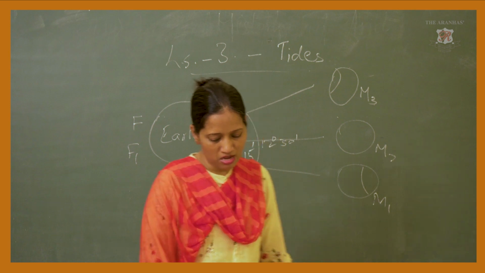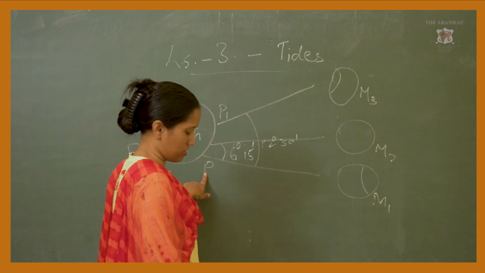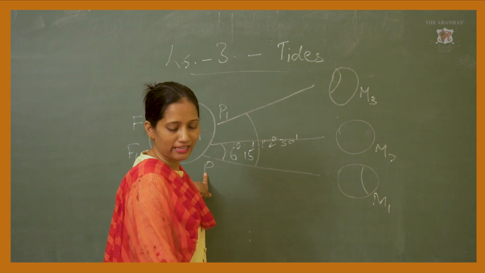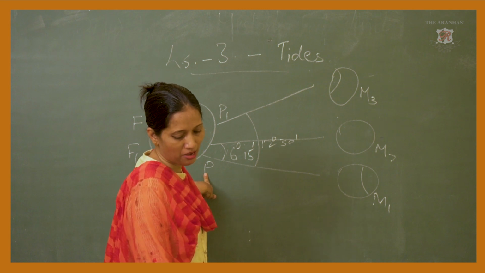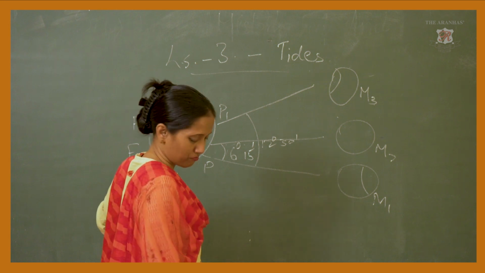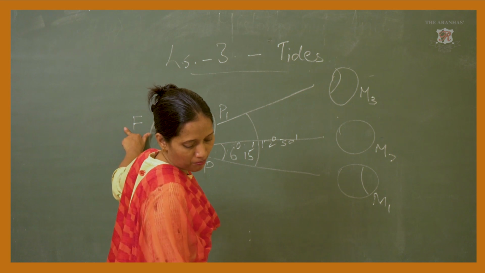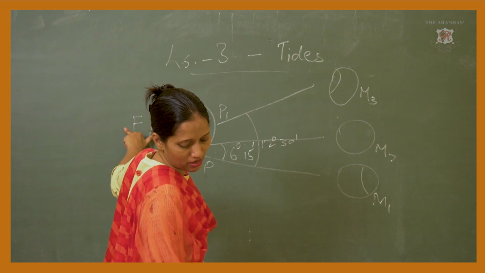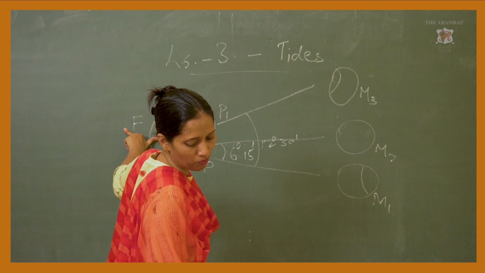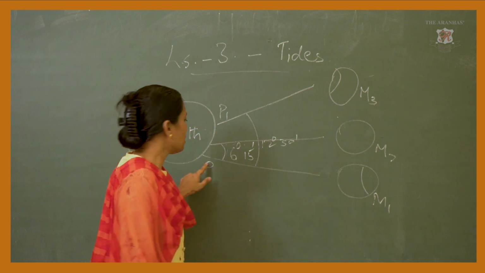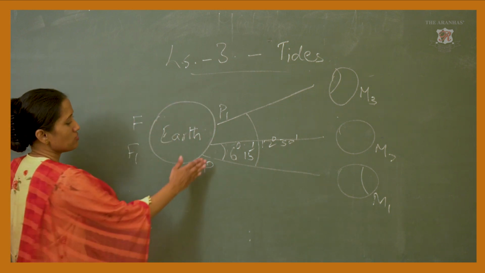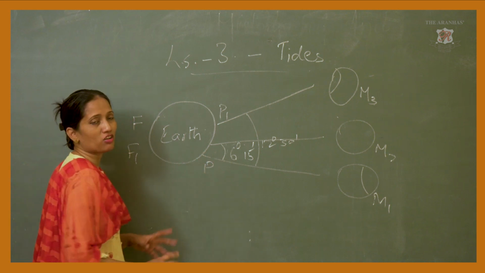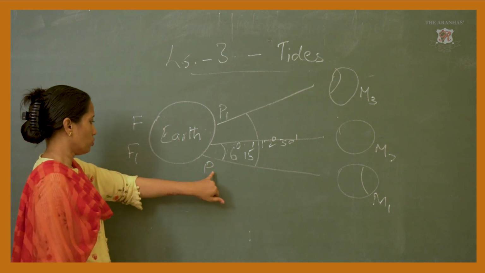So there will be high tide at the point P. That means here the tide is at a very high point, and point F is at an antipodal location to the point P. See here, this is one side of the earth. If you have a globe, you will know.